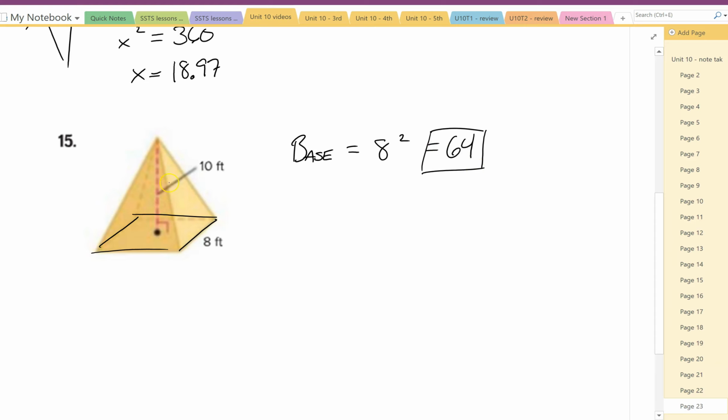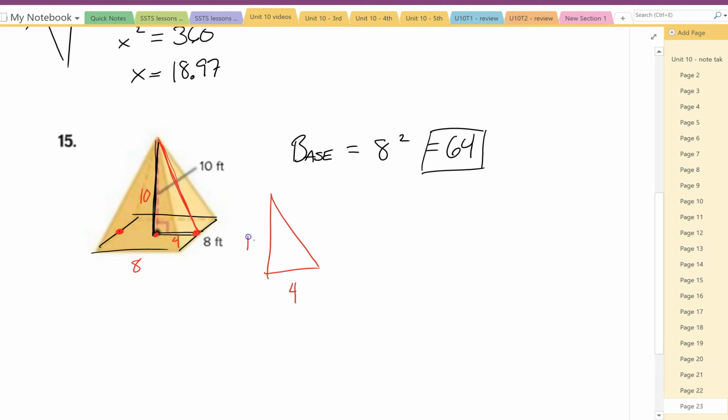Now I need to figure out what one of these triangles is. What you can see is that it gave us the height. Not the slant height, but just the height of the triangle is 10 feet. So there's another one where to find the slant height, which is what I actually need, I need this right here. I'm going to have to use the Pythagorean theorem. So this back here is 10. What is this part right here? Well, it's half of 8, right? If I went all the way from here to here, that would be 8 feet, but I just want to go to right here, so that's going to be a 4.